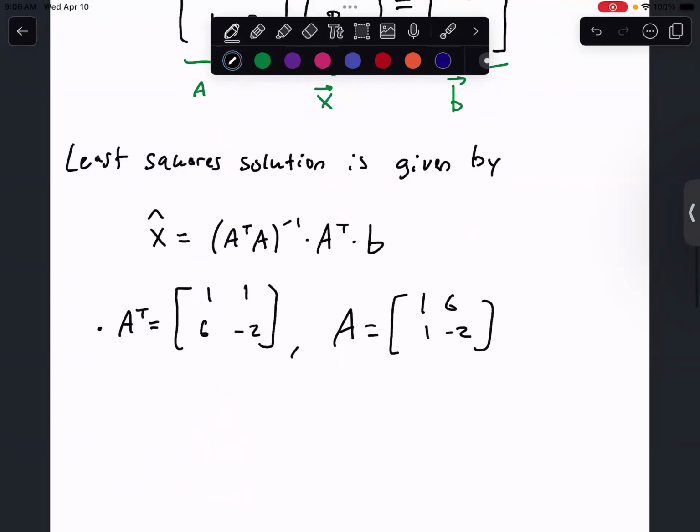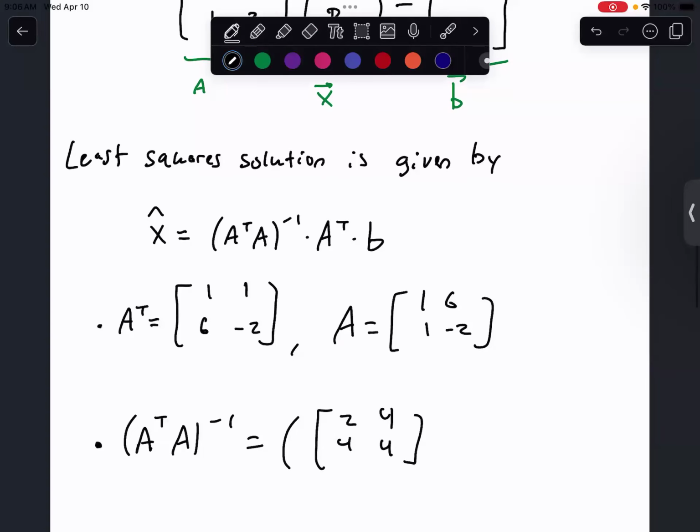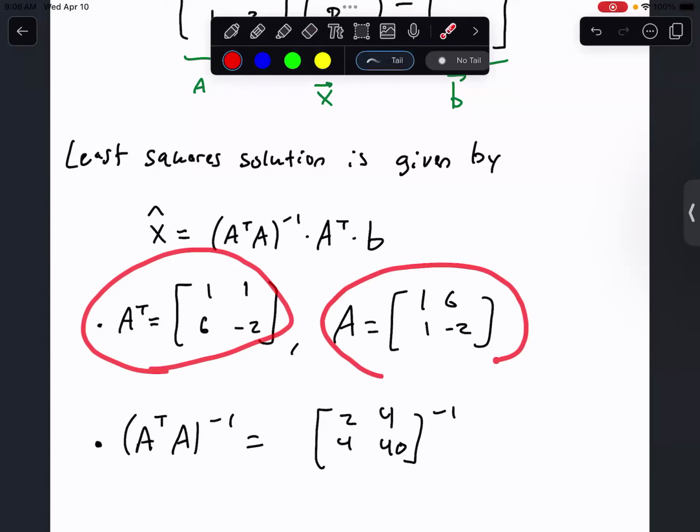So if we multiply these 2 matrices together, we end up getting A transpose times A, inverse. This will be equal to the inverse of the matrix 2, 4, 4, 40. So we want to find the inverse of this matrix. We don't need the parentheses. It's just the product of this matrix with this matrix.